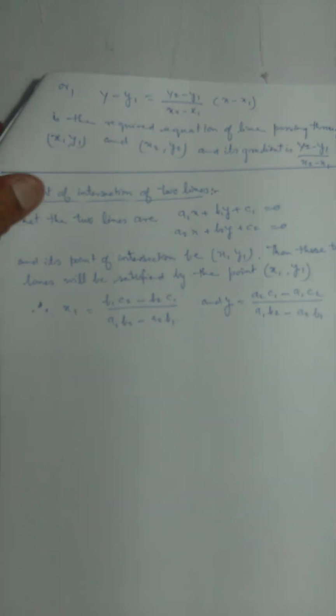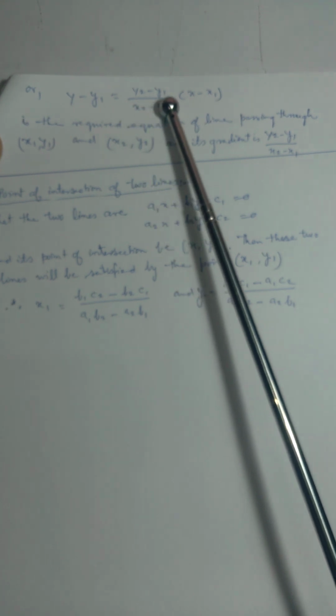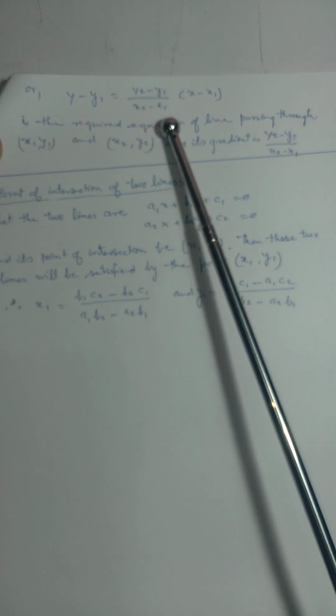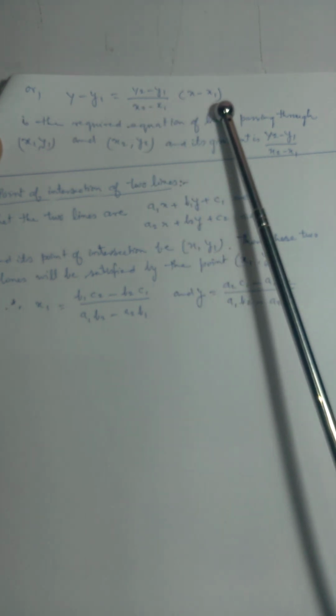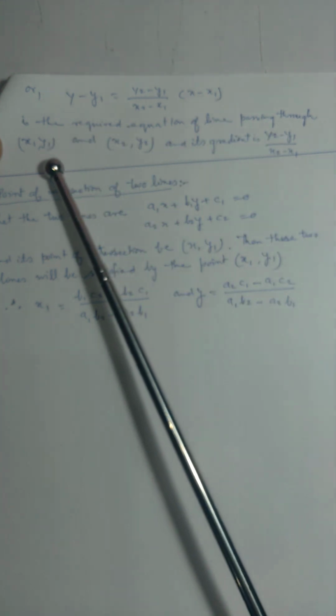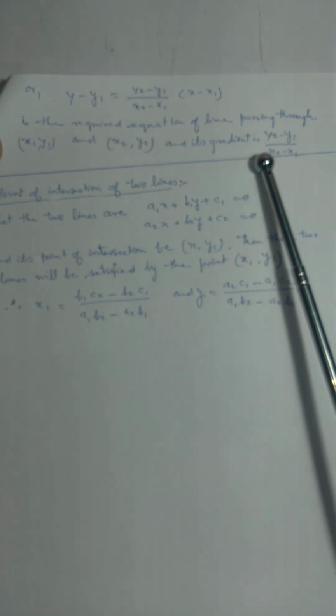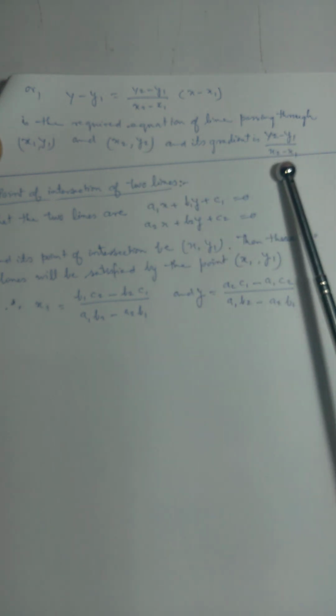Now it can be further solved. So y minus y1 is equal to y2 minus y1 upon x2 minus x1, in brackets, x minus x1, which is the required equation of the line passing through x1 y1, x2 y2, and its gradient is equal to y2 minus y1 upon x2 minus x1.